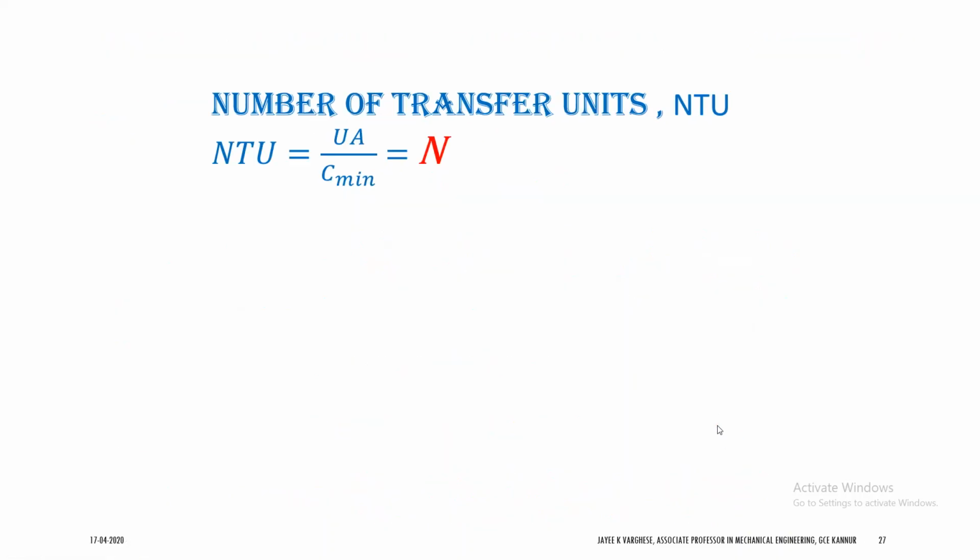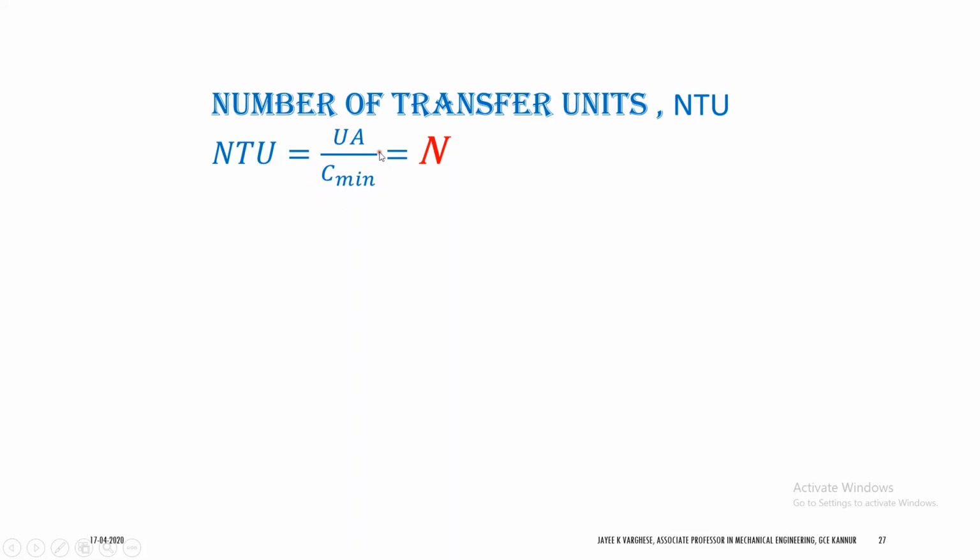Now another parameter of significance is the number of transfer units, or NTU. In certain equations, NTU is simply written as N, which is the ratio of conductance to the capacitance.